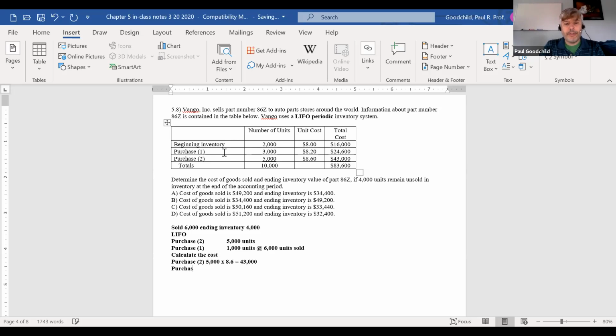And then purchase 1, 1,000 times 8.2, and so that'll equal 8,200. And so our cost of goods sold equals 51,200. That's math in my head, so you might want to check that with a calculator. Oh, no, we're good. That's one of the choices.